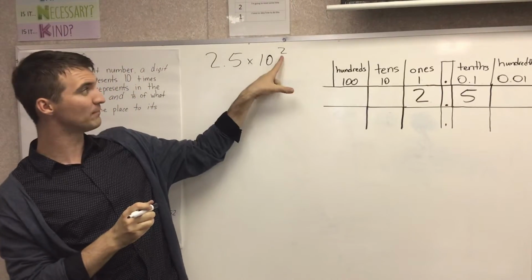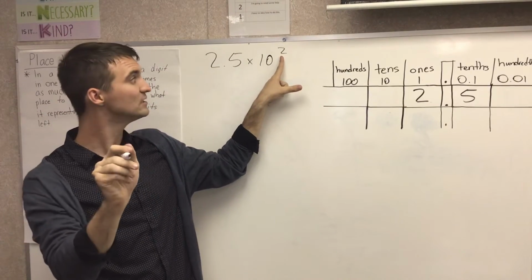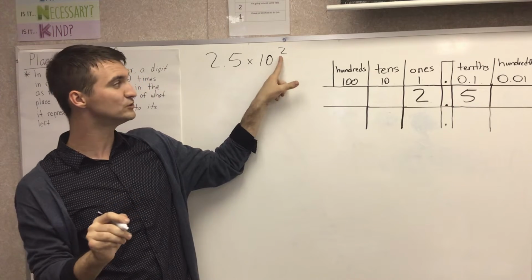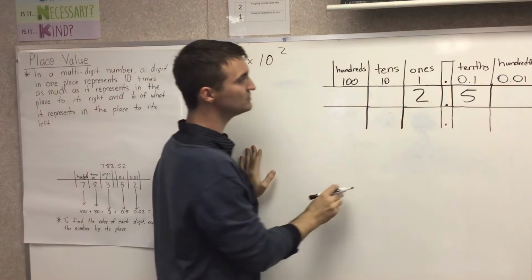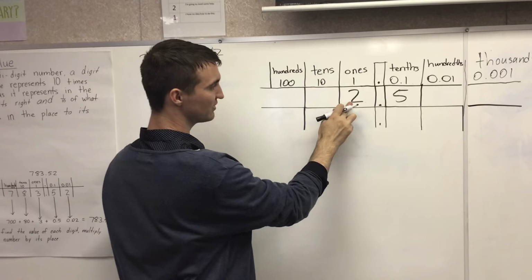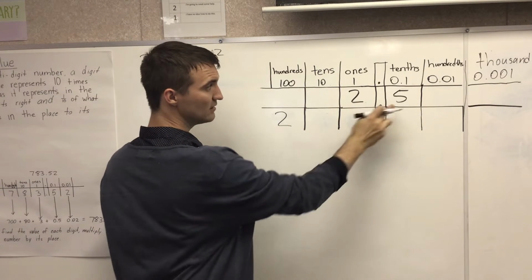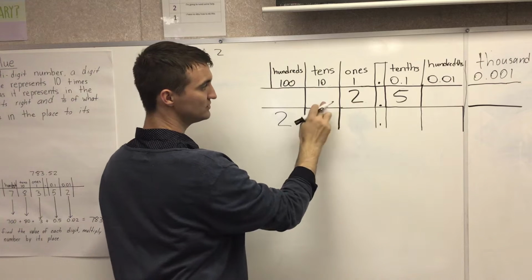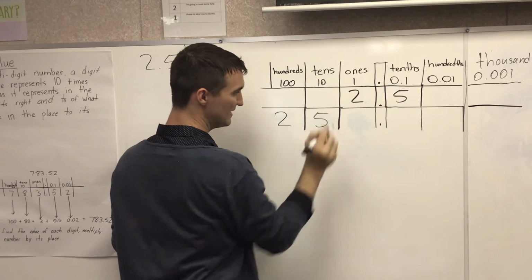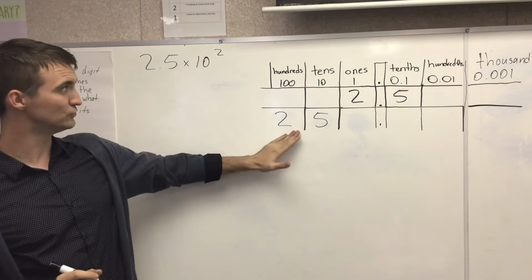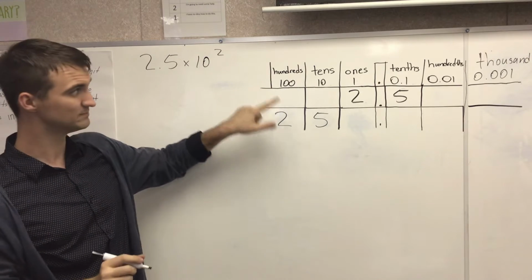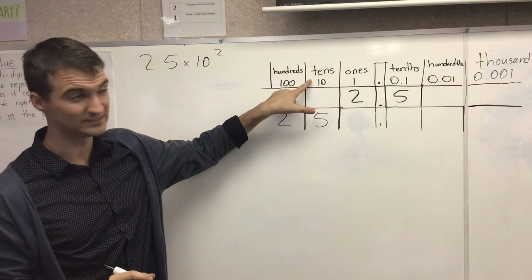So I know my numbers are going to move 2 times because I have this 2 as my exponent. So what I'm going to do is take this and go over 1, 2. I'm going to write it right there. I'm going to take my 5, go over 1, 2, and bring it down here. And what I'm left with is a 2 in the hundreds place and a 5 in the tens place.